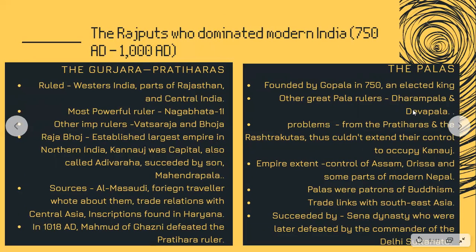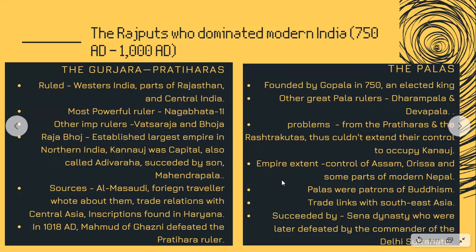Therefore, they could not extend their control to Kannauj. The Palas wanted to occupy Kannauj, but they had to fight wars with the Pratiharas and the Rashtrakutas, so it created an issue for them.